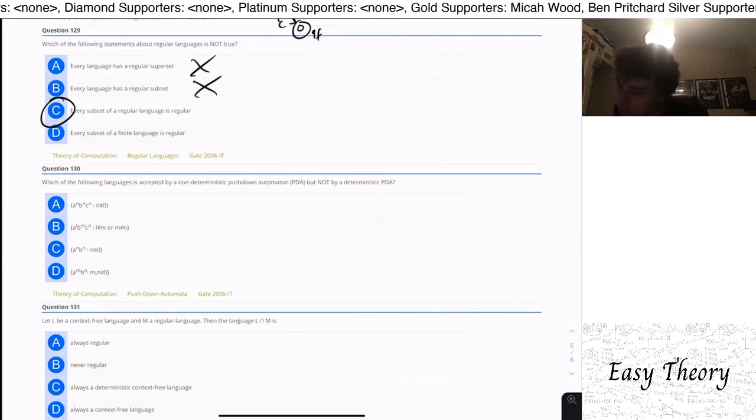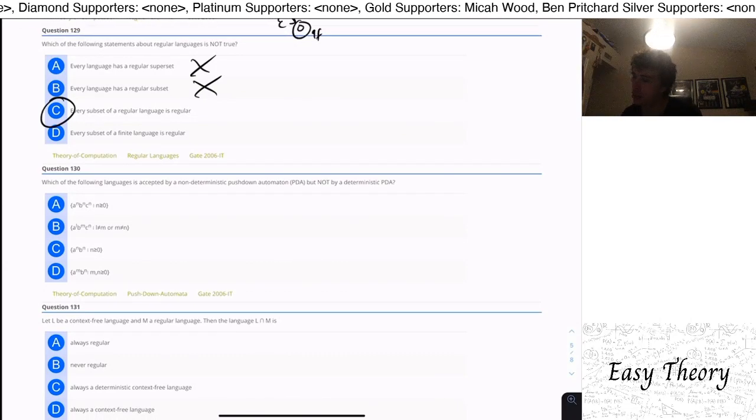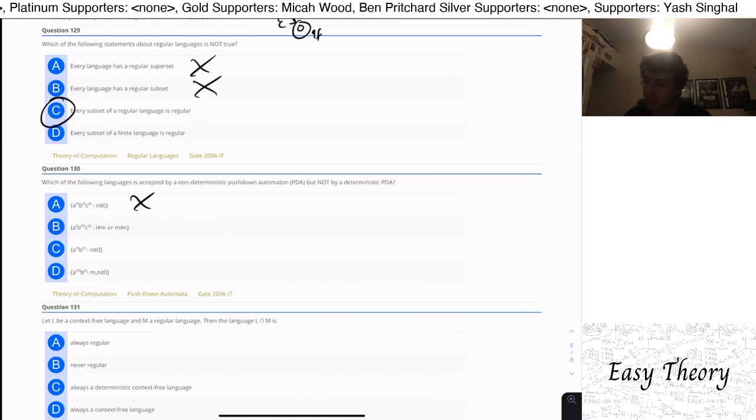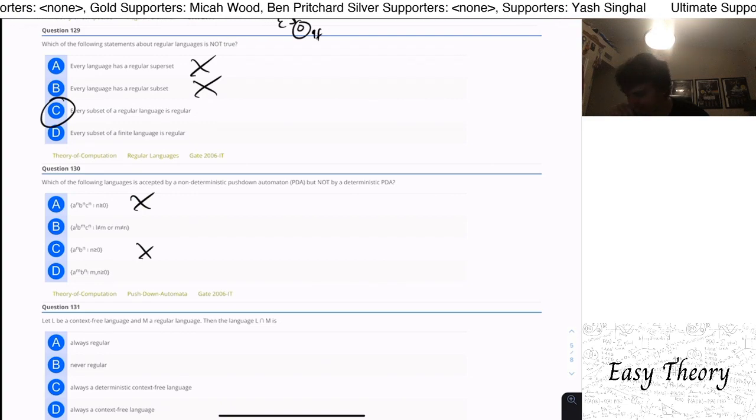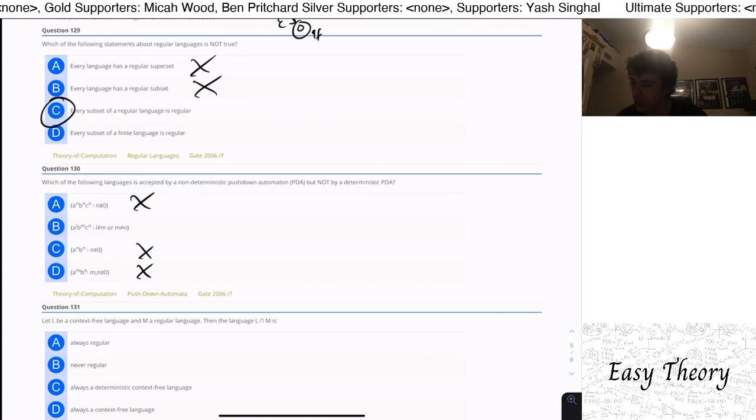Which of the following languages is accepted by a non-deterministic PDA but not a deterministic one? So this one is not accepted by either. This one is accepted by a DPDA. This one's regular, so it's accepted by both.